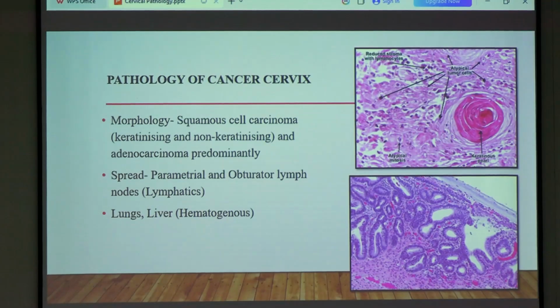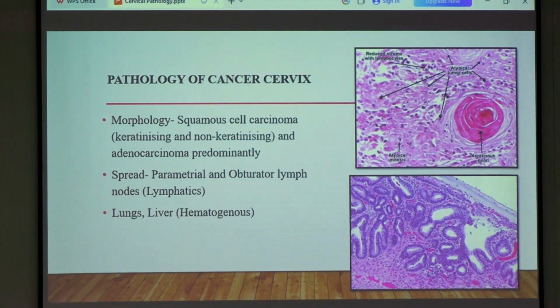Squamous cell carcinoma, how do you morphologically describe it? One feature is here only, very prominent. Tell me.